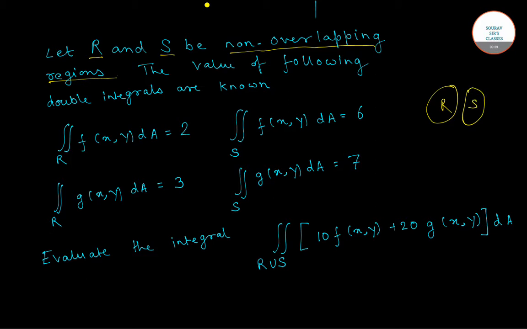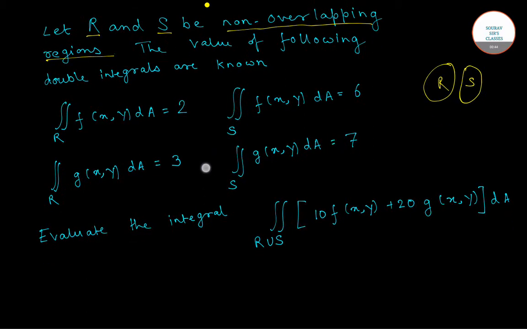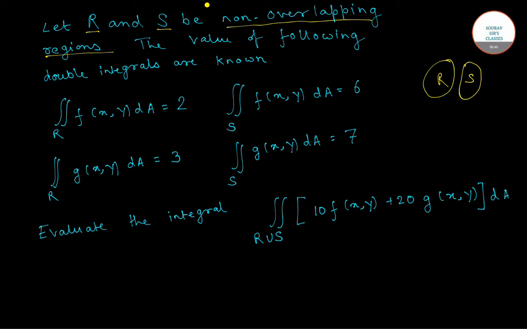We know the values of the following double integrals: the double integral over region R of f(x,y) dA equals 2, the double integral over region S of f(x,y) dA equals 6, the double integral over R of g(x,y) dA equals 3, and the double integral over S of g(x,y) dA equals 7.